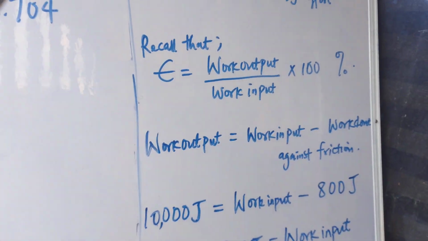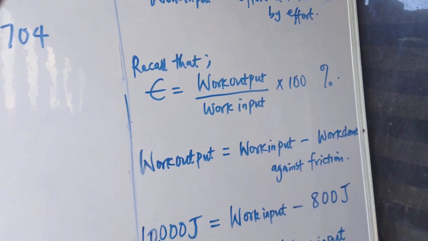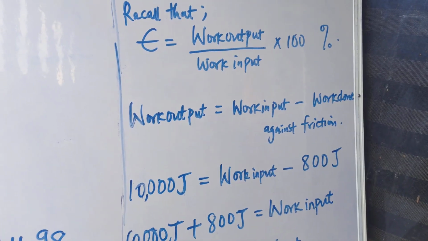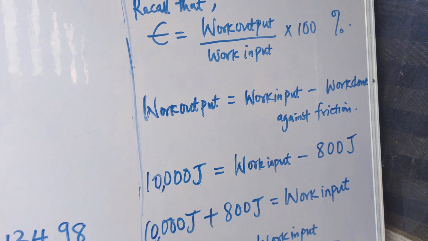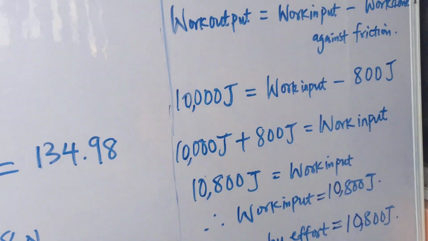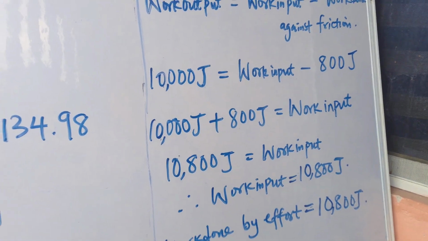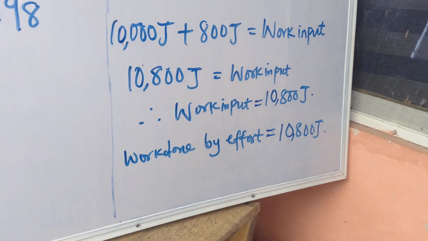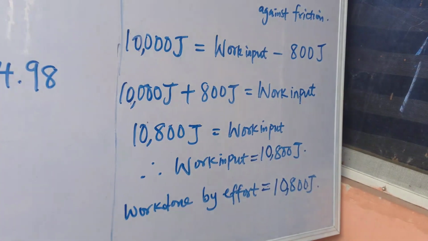So basically the formula we used was work output equals work input minus work done against friction, since work done against friction was given to us. So work output is 10,000 joules, work input is unknown, work done against friction is 800. So we made work input the subject of the formula, and we had 10,000 plus 800, which is 10,800 joules. So my work input is 10,800 joules, similar to work done by effort.